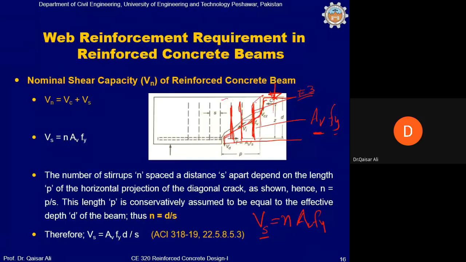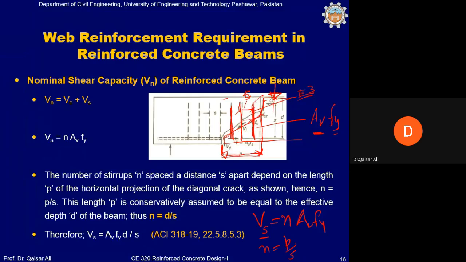Okay, and if the horizontal distance of this crack is, let's say, p, then n can be calculated if the spacing between the stirrups is s. You know that n will be equal to p divided by s, because p is the horizontal length of the portion of the beam which is cracked.